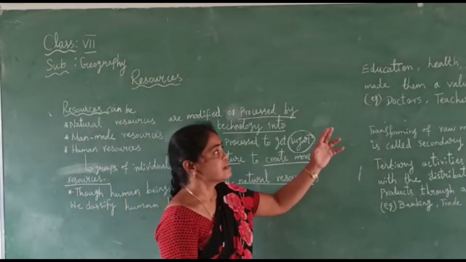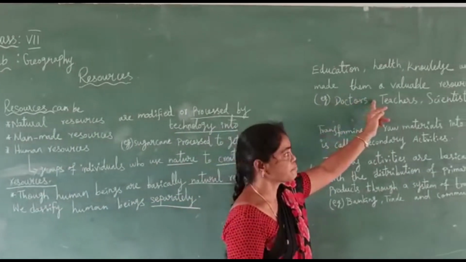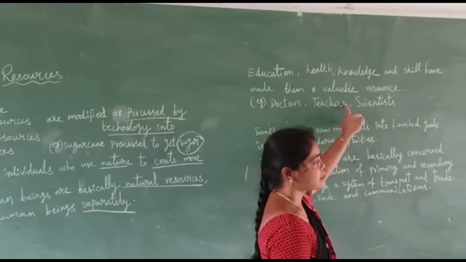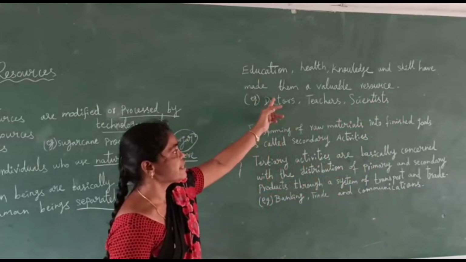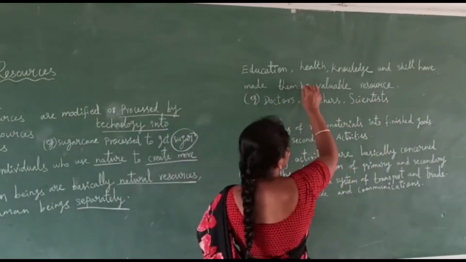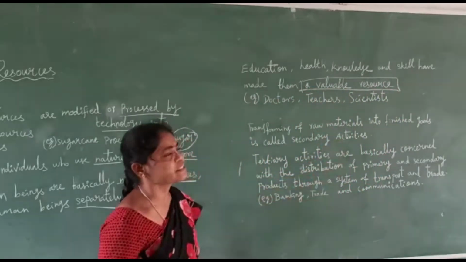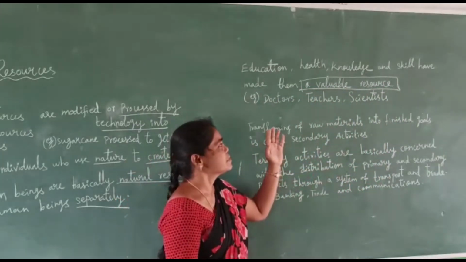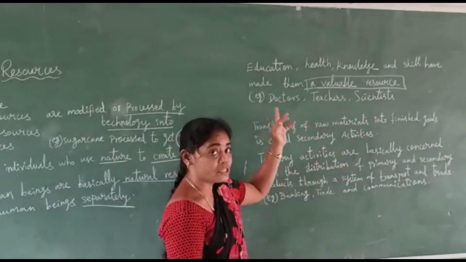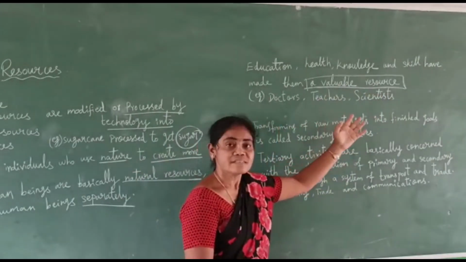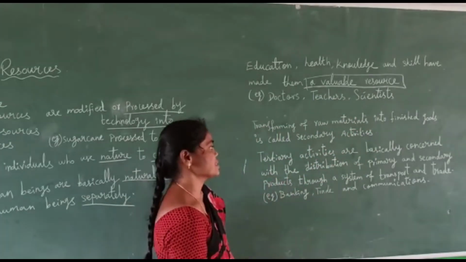That is education, health, knowledge and skill have made them valuable resources. By using this knowledge, health, education, they are valuable resources. Example, doctors, teachers, scientists. So this one is human-made resources.